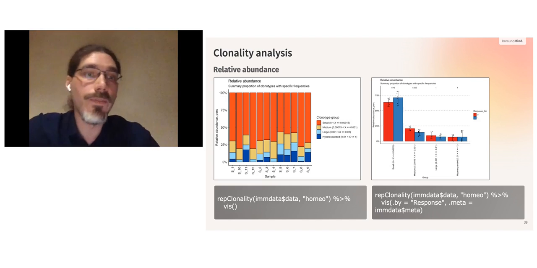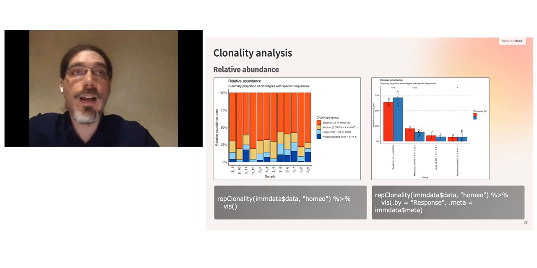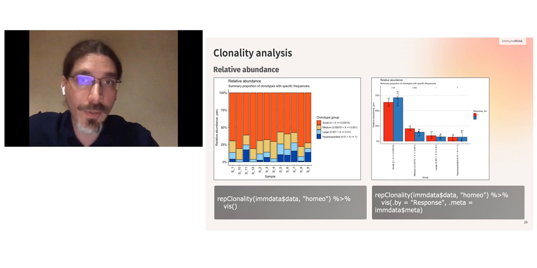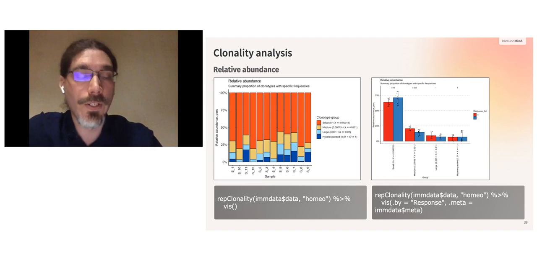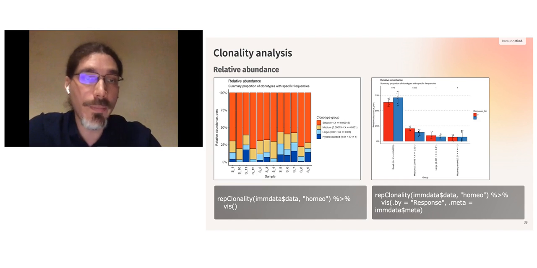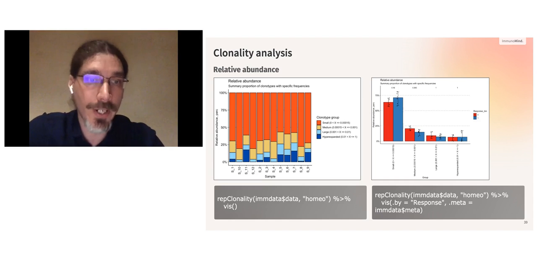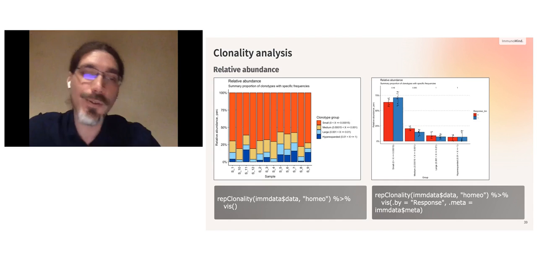So, for example, if hyperexpanded clonotypes in your domain are something that occupies more than 10% of the repertoire, you just pass this information to the rep-clonality function with the Homeo method name, and you can easily compare it between your samples, as you can see on the right side. The right side is a little bit different from the left side, right?